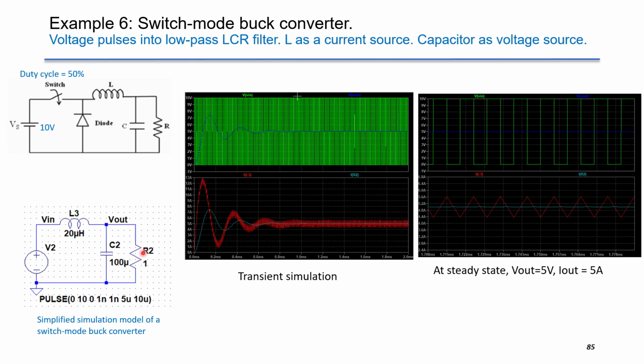It gives you 5 volt at output voltage and 5 amps into the resistor. The power is transferred from the voltage source through an inductor as current source and then back to the capacitor as a voltage source again. So this is the correct way to transfer the energy, and nothing violates KVL or KCL.